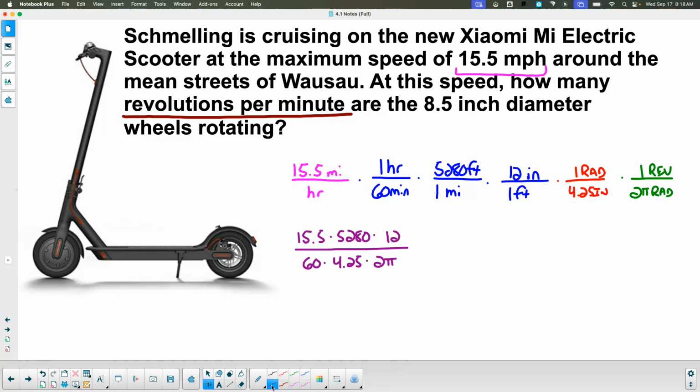15.5, 5,280, 12, 60, 4.25, and 2 pi. There. 15.5 times 5,280 times 12, divided by 60 times 4.25 times 2 pi gives me 612.952 RPMs.